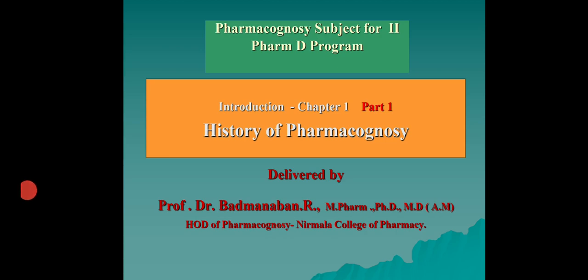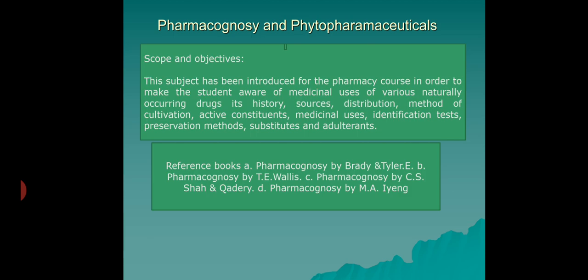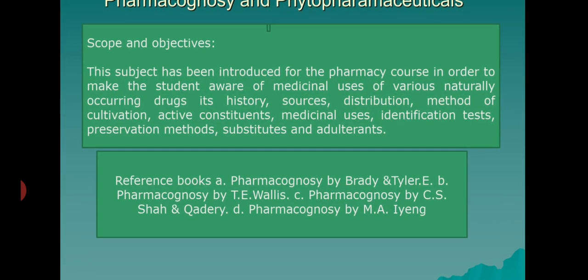Before going into my first chapter, that is called History of Pharmacognosy, it's my responsibility to convey the points kept by the university in your syllabus. You must be aware of the scope and objectives of this subject in your Pharm D program.